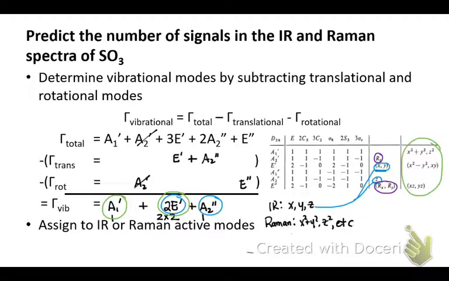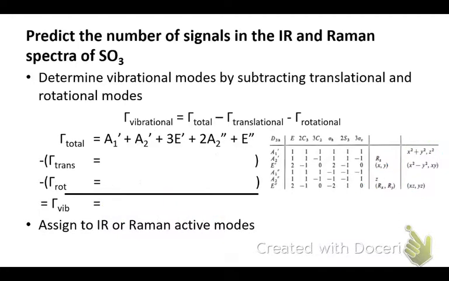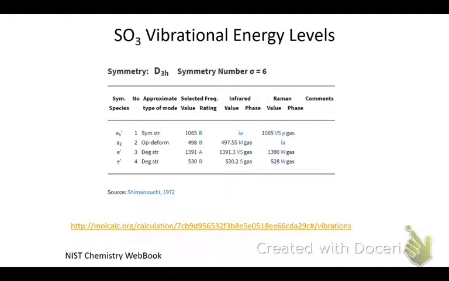If we look at the experimental spectrum, if we calculate the vibrational modes, we get A1 prime, A2, E prime, and E prime, and these represent stretches and deformations of the molecule. And we can calculate what frequencies we expect to see those.